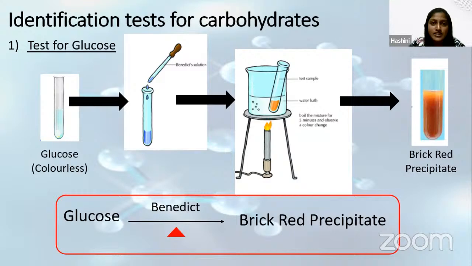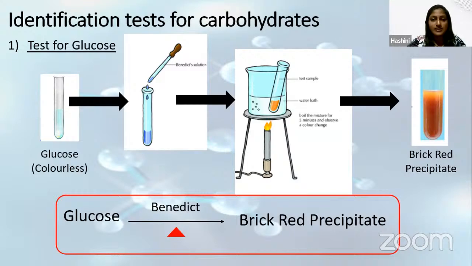Now we are going to identify glucose. If there is a glucose solution, or any food type in which glucose is present, it gives a color change, a color indicator.